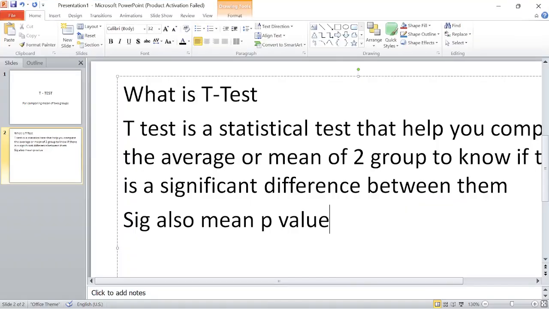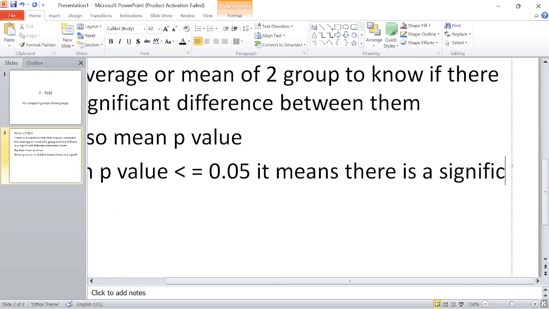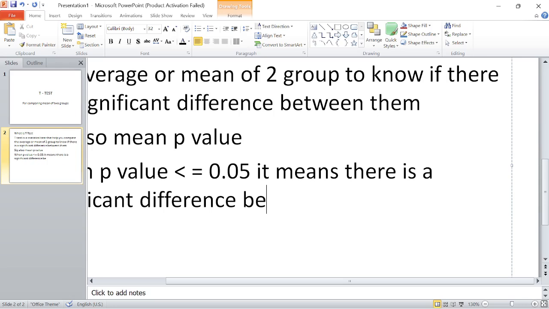As I told you, SIG also means P value. Now, after you've gotten this, the next thing you should take note of is that when your P value, which is the same as SIG, is less than or equal to 0.05, it means there is a significant difference between the means, which makes it valid, the alternative hypothesis.